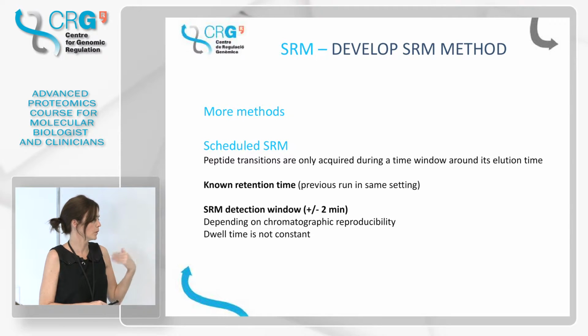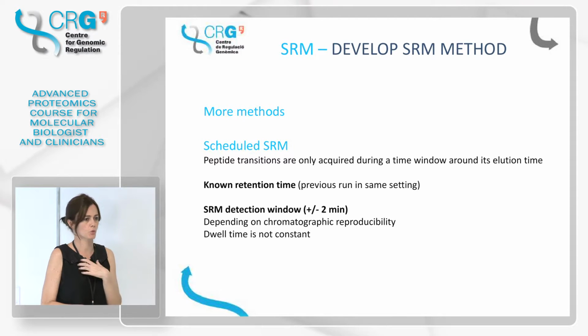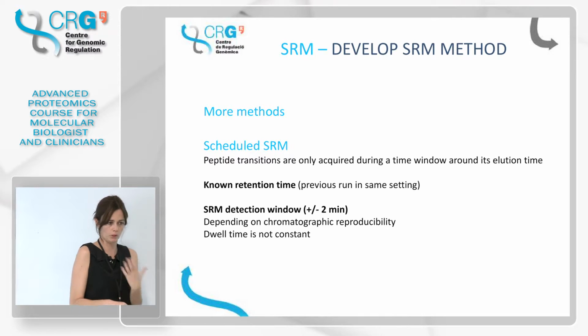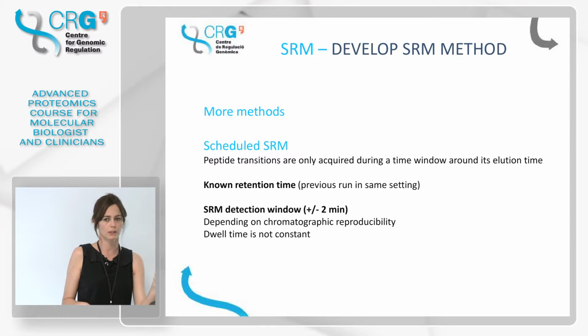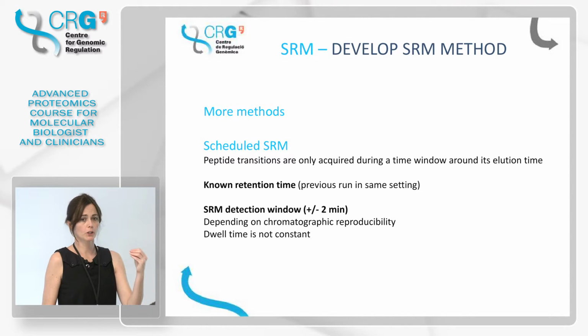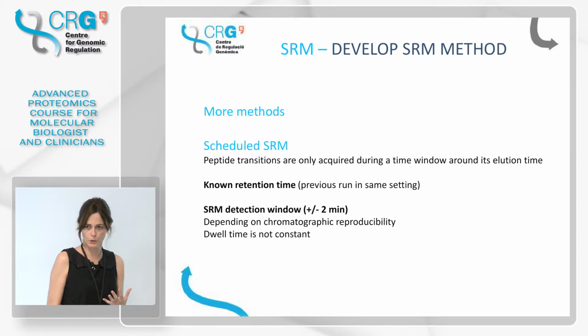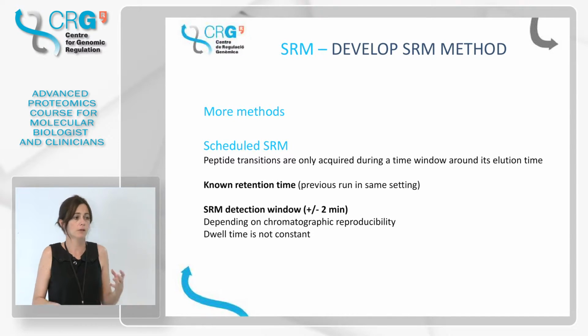What can we do? We can do scheduled SRM. Scheduled SRM works because we have information that we know from running our sample with our heavy peptides, and we know for each heavy peptide in which minute of the chromatography it comes out. Of course, we need to be reproducible, because if the peaks are moving from one run to the next, we can't say anything. But if we are reproducible and we give a certain tolerance, we say measure this peptide at minute 35.3, plus minus 3 minutes.